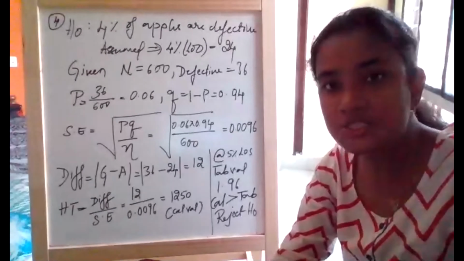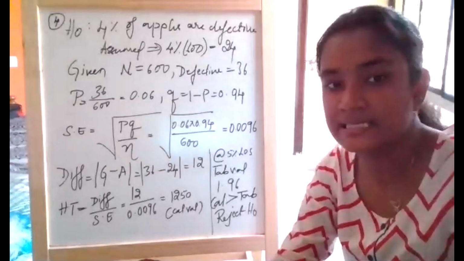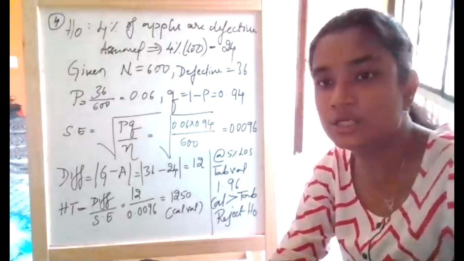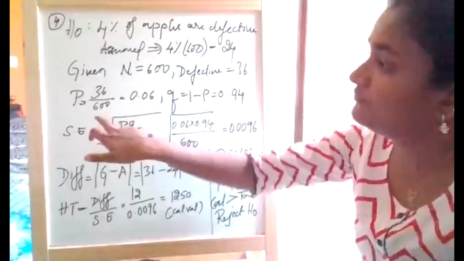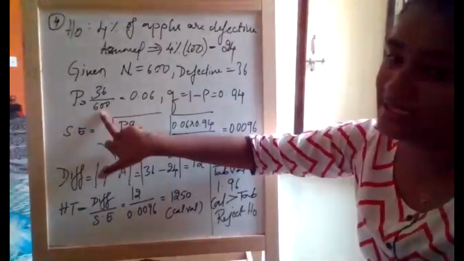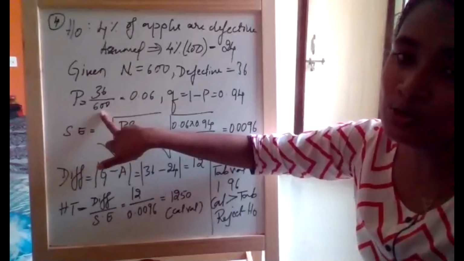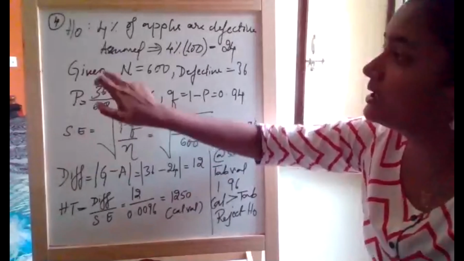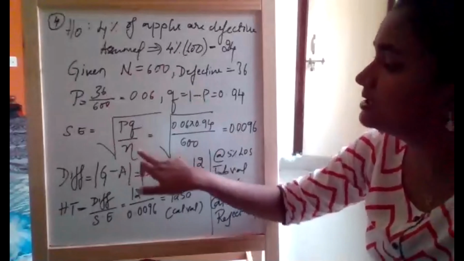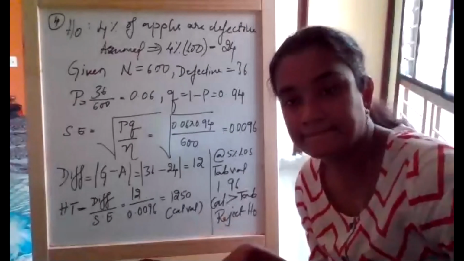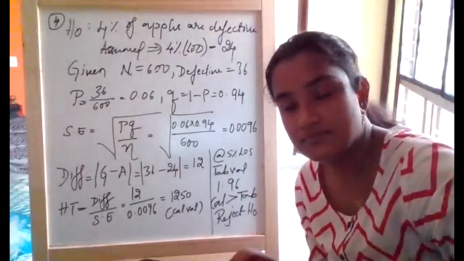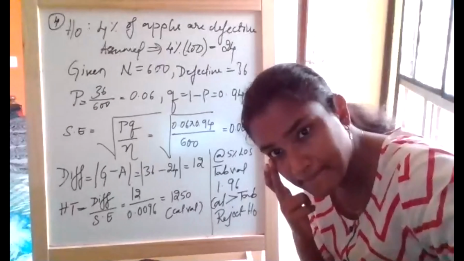One problem I asked you to solve was about a dice. Our p value is hardly 0.5. But now our n value is very, very big. When the n value is huge, in such scenarios, you can use the standard error formula, which is under root of pq by n. Understood, Zuveria? Yes, ma'am.